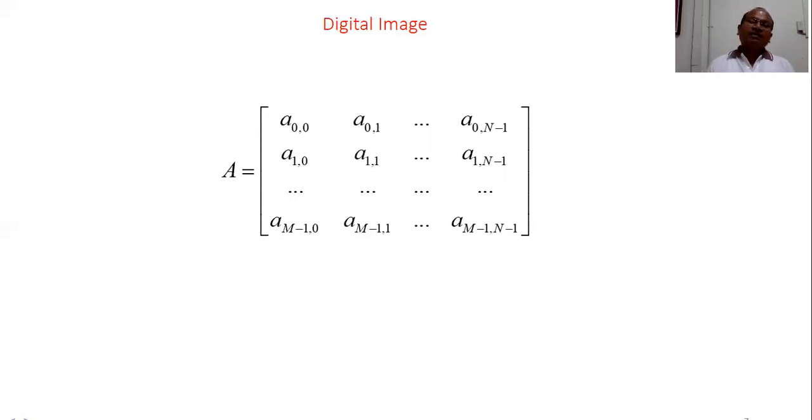Then we say that the image is modified, filtered, restored, processed. So this is what a digital image is.